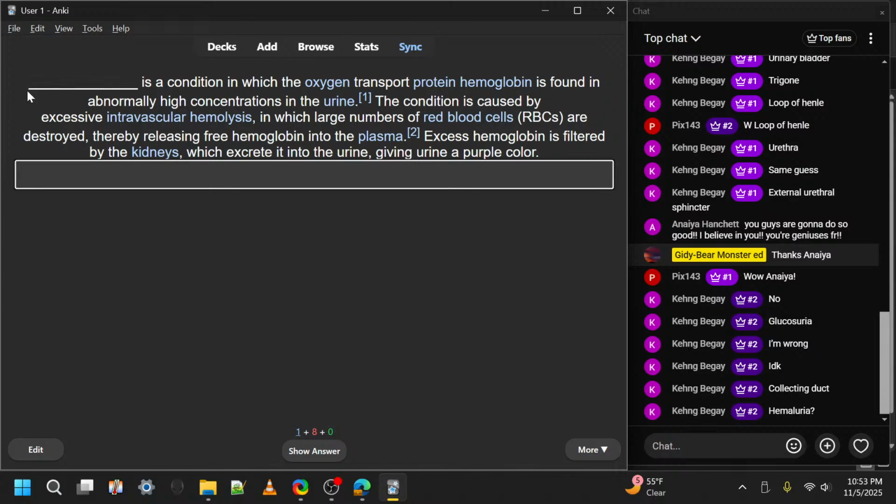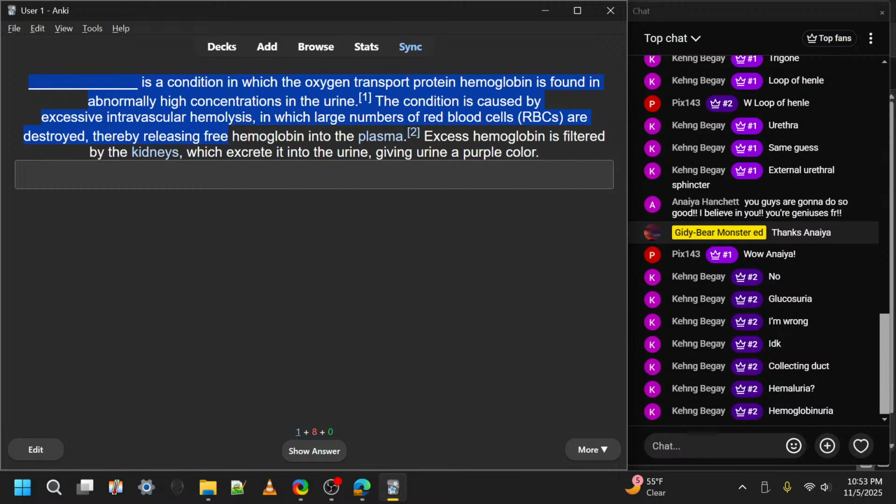Alright, I want you to give your answer for this one. Blank is a condition in which the oxygen transport protein hemoglobin is found in abnormally high concentrations in the urine. The condition is caused by excessive intravascular hemolysis, in which large numbers of red blood cells are destroyed, thereby releasing free hemoglobin into plasma.